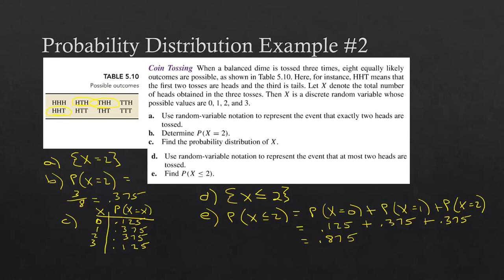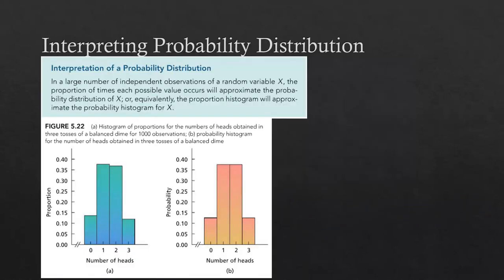All right, so interpreting a probability distribution. The main thing I want you to see here is that the words proportion and probability are related: when you start getting large numbers of observations, the proportion of time something occurs will approximate the probability.